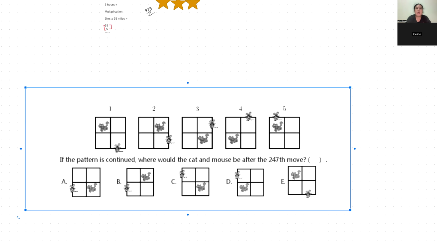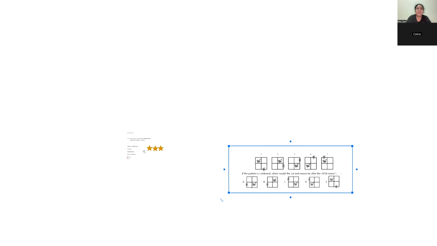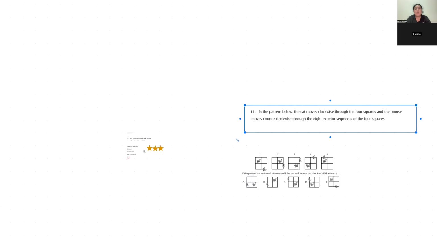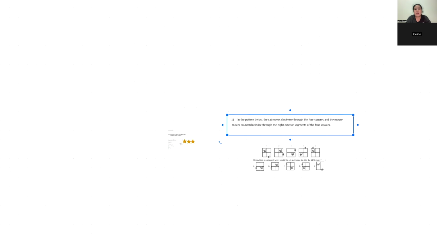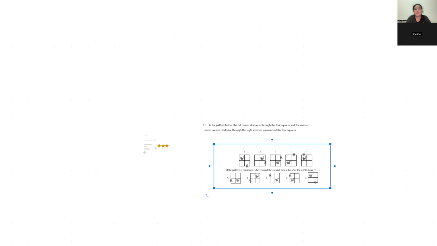Let me show you the question. If you feel it's difficult and you want to change it, let me know, Celine, and I'm going to change the question. But if you want to try to solve this, that will be good. So this is the question again. In the pattern below, this is the pattern. There are five patterns here.